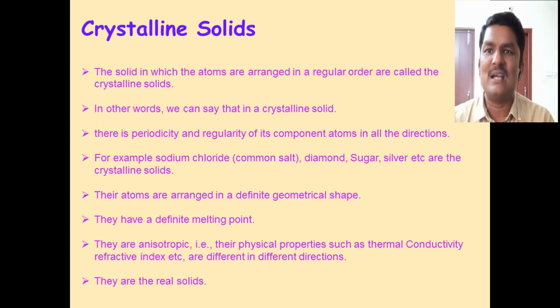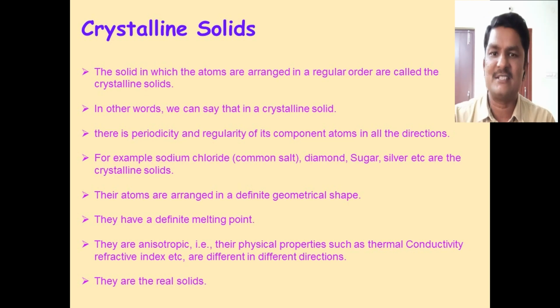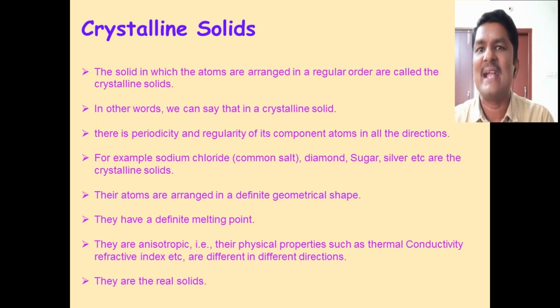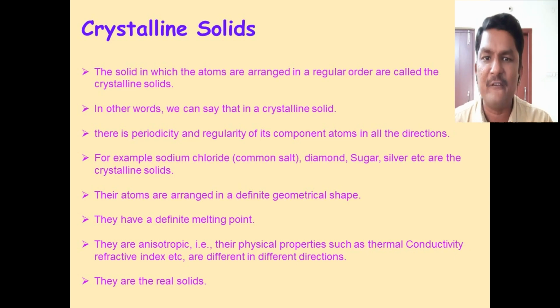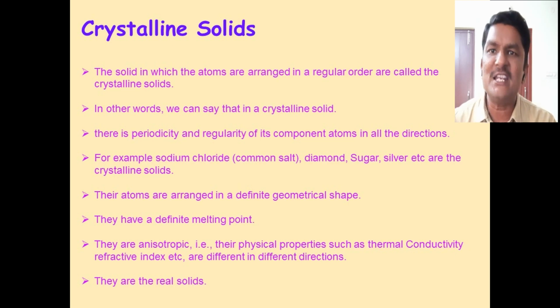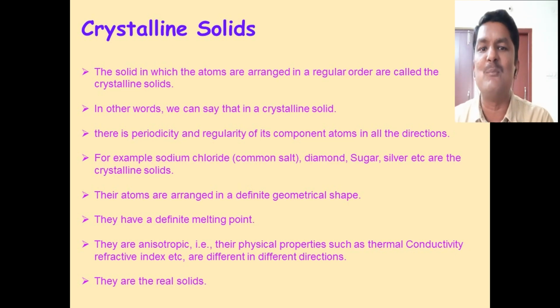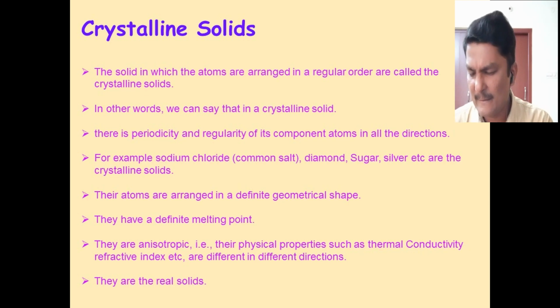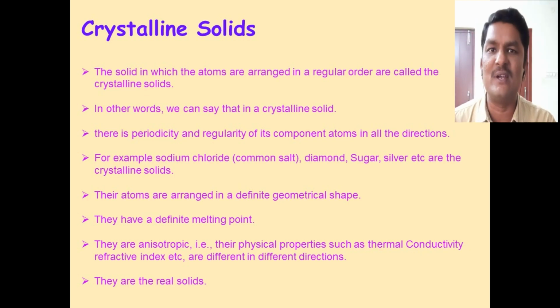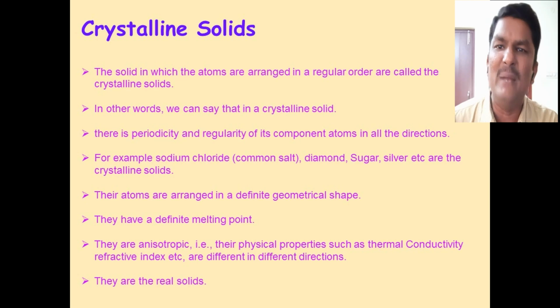In all these examples, in the crystalline solids, their atoms are arranged in a definite geometrical shape. So crystalline solids have a definite geometrical shape. And crystalline solids have a definite melting point also.